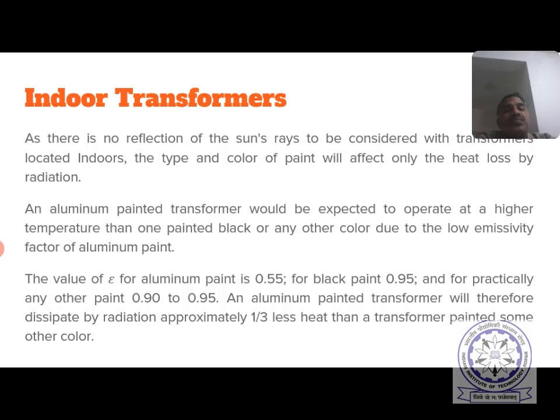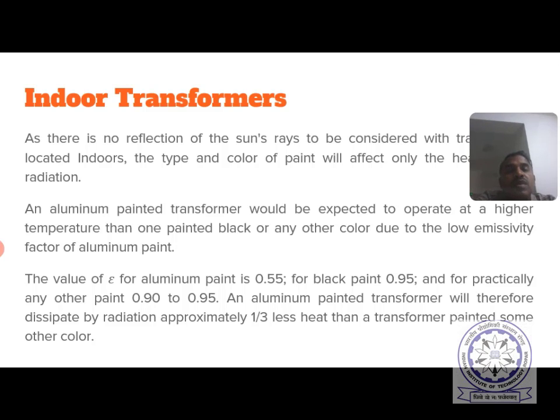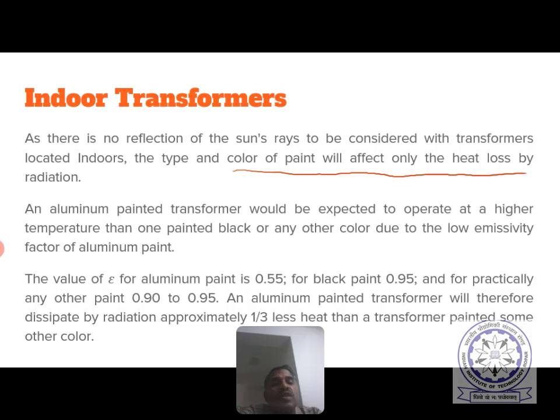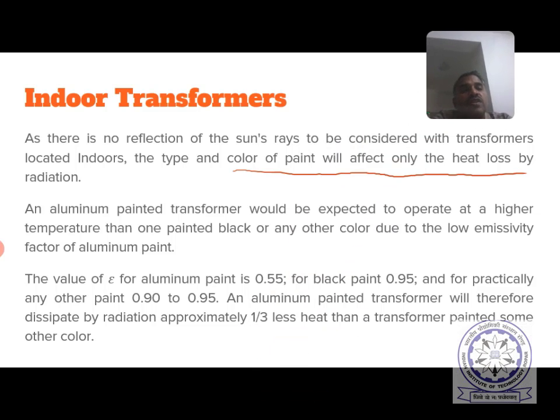So then, as there is no reflection of the sun rays to be considered with transformers located indoors, the type and color of the paint will affect only heat loss by radiation.